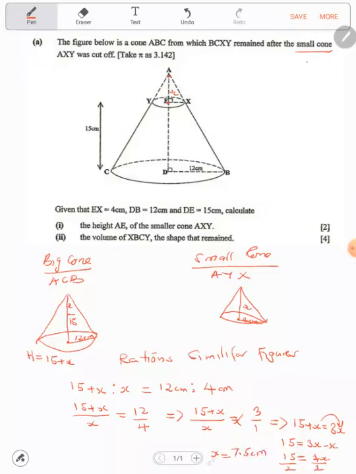Now x is the same as AE, so AE is 7.5 centimeters. That's how you find it.